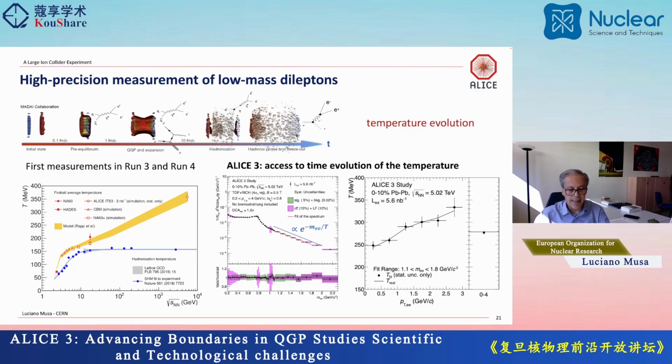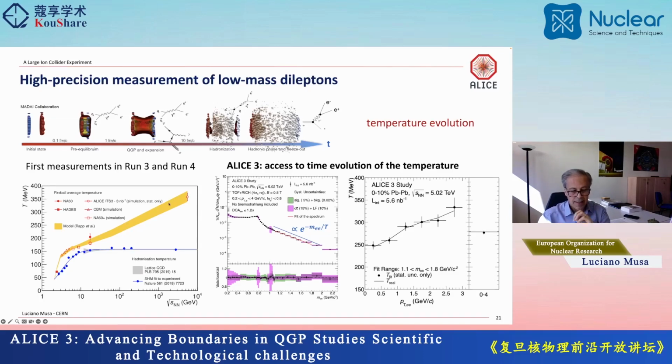Let me outline that while the saturation in the chemical freeze-out, so after hadronization, has been essentially established experimentally during Run 1 and 2, we still have to prove that the QGP temperature in the early phase, the T-slope, keeps increasing as square root of s.